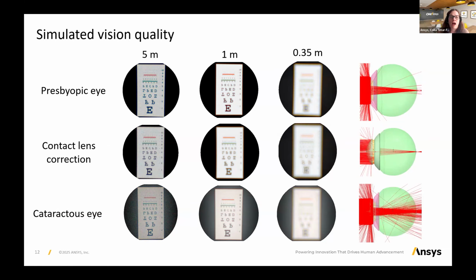We can also see how cataract would make the image much worse, requiring a different type of correction, such as replacing the opaque crystalline lens due to the high amount of scattering by a new artificial intraocular lens.